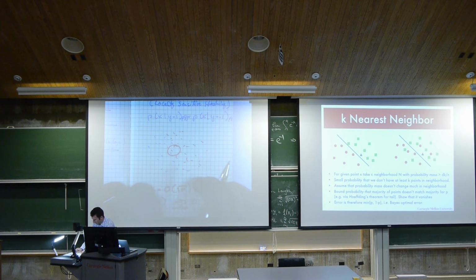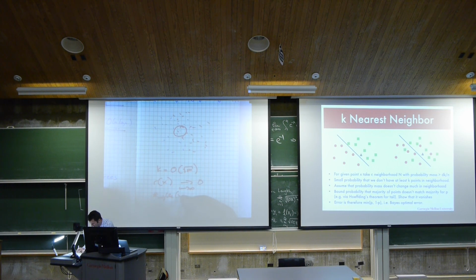So furthermore, we also know that the number of neighbors of x goes to infinity as m goes to infinity, right? Because we picked k equals order square root m.